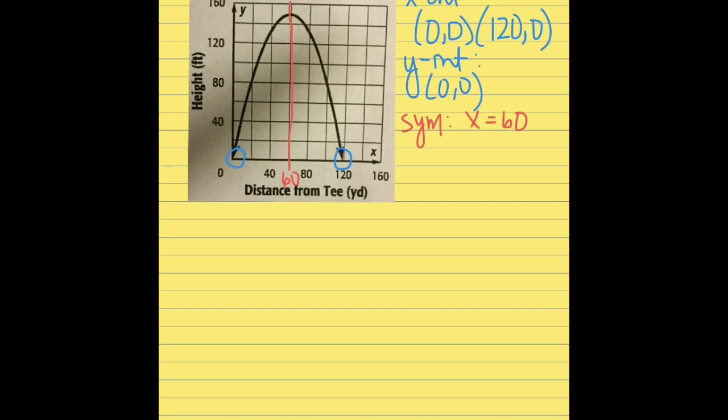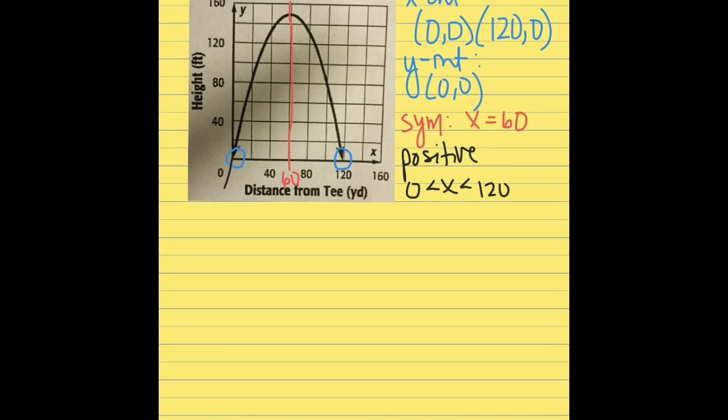The next thing that I would like to look at is where the function is positive. Based off of this graph, the function is positive, or above the x-axis, from 0 is less than x is less than 120.